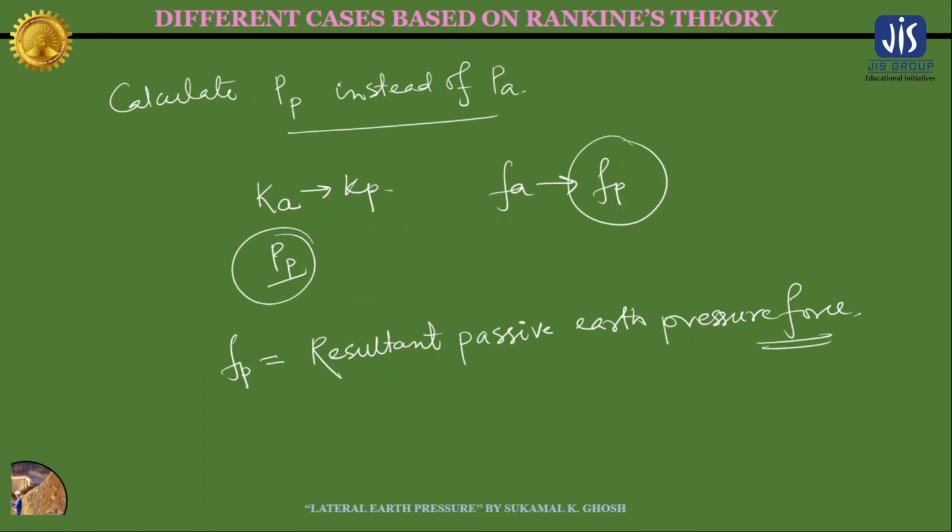Now as per sequence, next we should discuss the case 5, but we will discuss the case 6 first, then we will discuss our case 5. So what is our case 6? If you recall, we have discussed that our case 6 is analysis of inclined backfill surface.